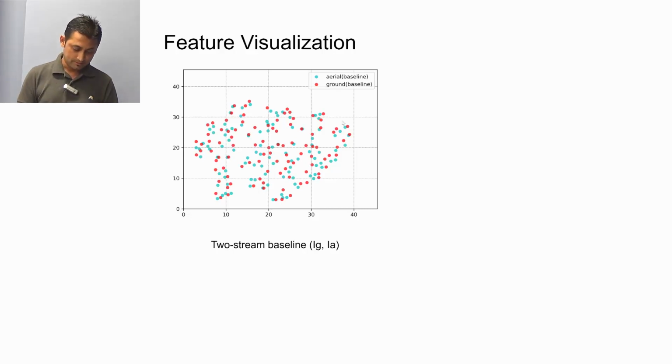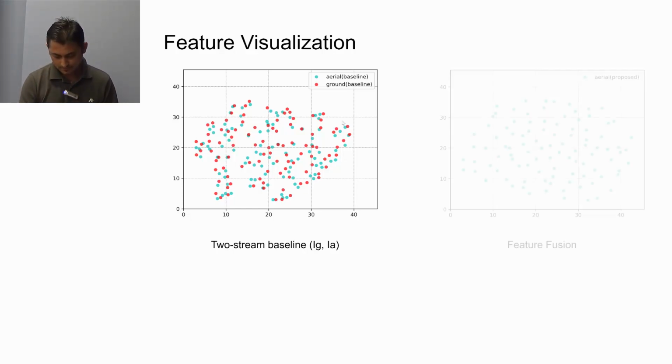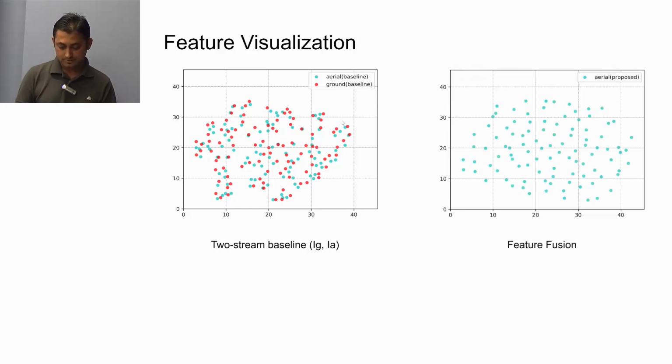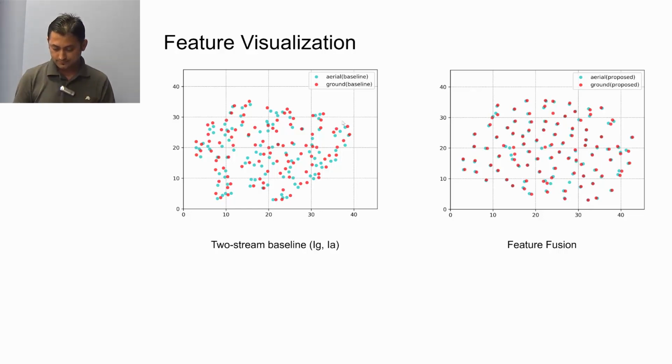We also show the features for the ground image, and we see that they do not align that well. On the right-hand side, we show the features that we obtain for the feature fusion method, and these are the features for aerial images. And we show the features for the ground images, and we can see they overlap more. And this is why our network is doing better, and we are getting better results.